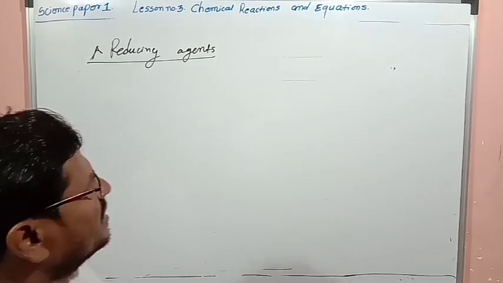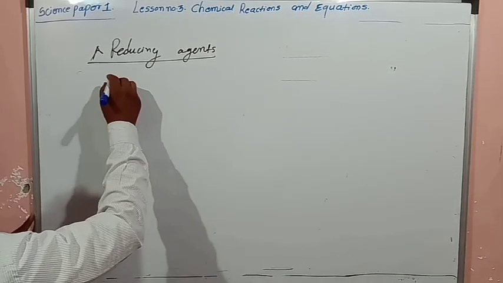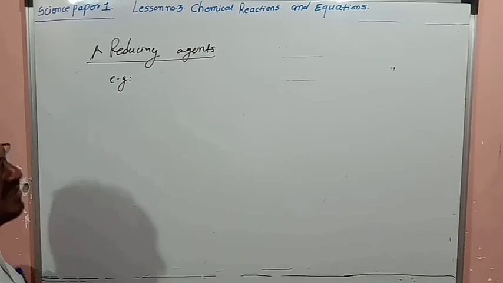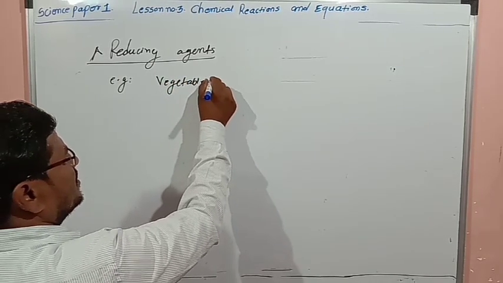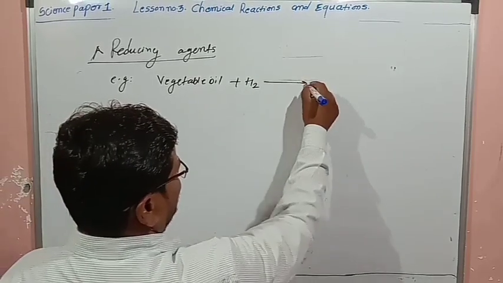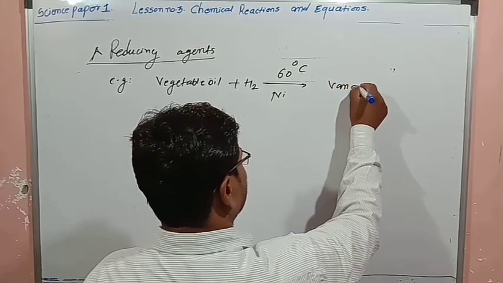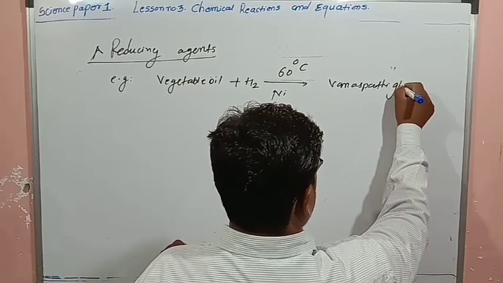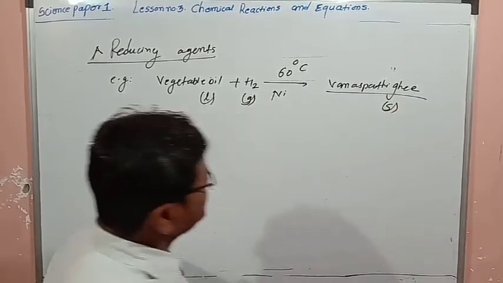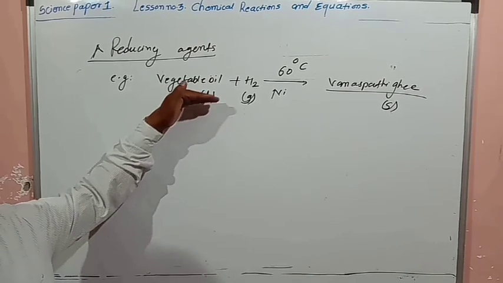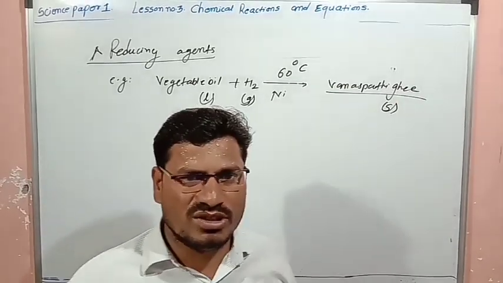One reduction reaction we have studied before this is the example of vegetable oil plus hydrogen, in the presence of a nickel catalyst at 60 degrees Celsius, which gives vanaspati ghee. The oil is in liquid state, hydrogen is gaseous, and the ghee is solid.